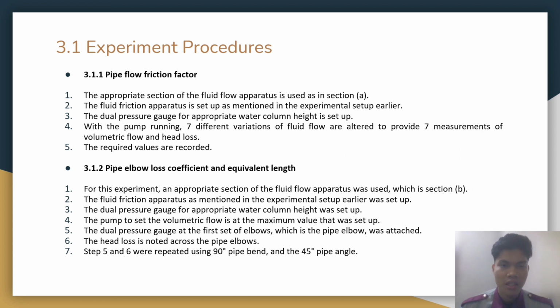Number 6, the head loss is noted across the pipe elbows. And for the last step, step 5 and step 6 were repeated using the 90-degree pipe bend and the 45-degree pipe angle.